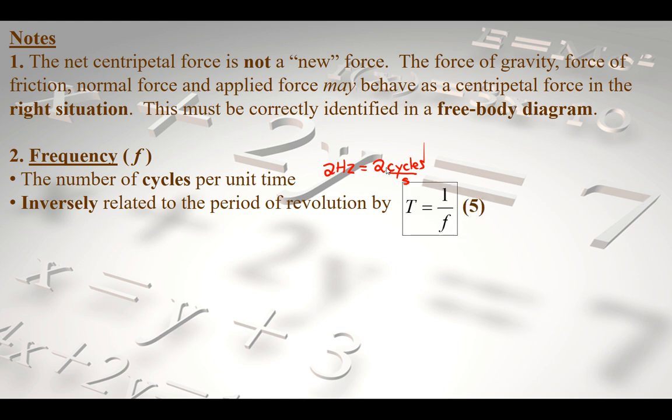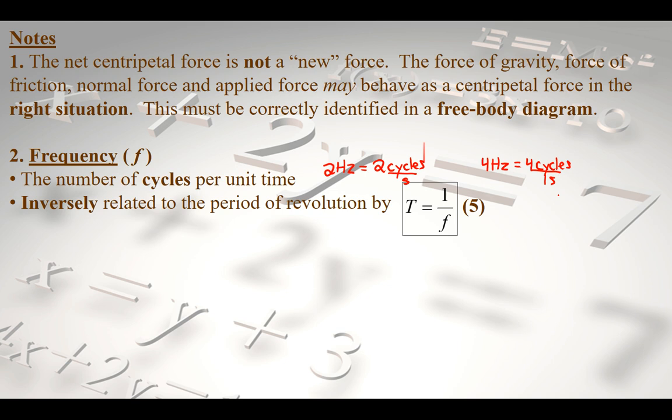Now, there is an inverse relationship between the period and the frequency. This is another equation on the formula sheet: t is equal to 1 divided by f. And this makes a lot of sense. Say, for example, you were to make the frequency bigger, so the frequency goes from 2 hertz to 4 hertz, in which case you now have to cover 4 full cycles in 1 second.